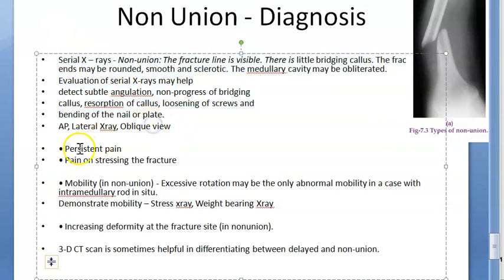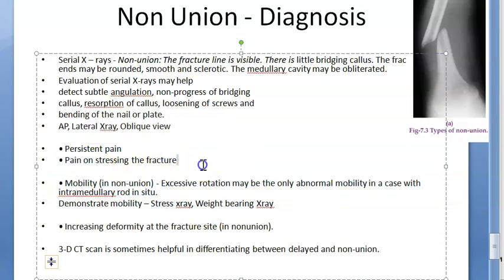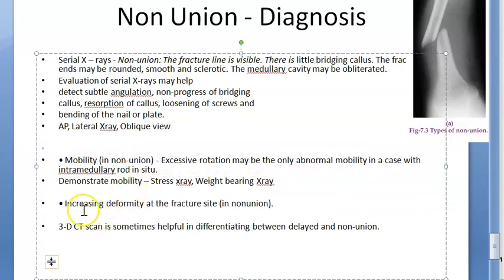All this you can do in the X-rays. Then you can also do a stress X-ray, weight bearing X-ray to check the mobility, right? Excessive rotation may be the only abnormality in case of an intramedullary rod. Apart from all these things, you can also do a 3D CT scan to differentiate whether it's a delayed or a non-union.